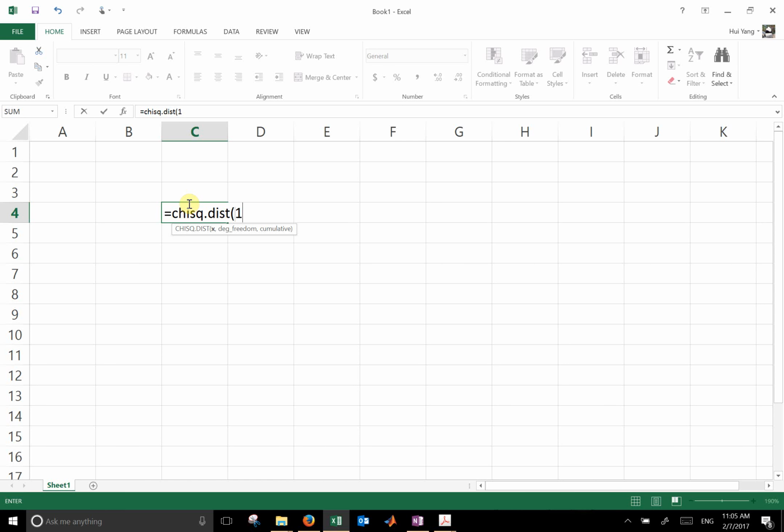So the location is 1.649, and degree of freedom is 4, and this one asks whether it is cumulative distribution, because it's cumulative from 0 to 1.649. So we put true, it is cumulative. So this is 0.2, and this one will give us the lower CDF.